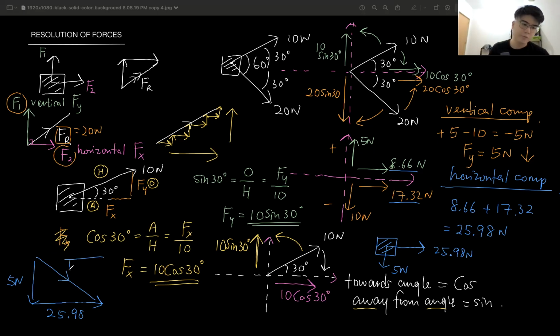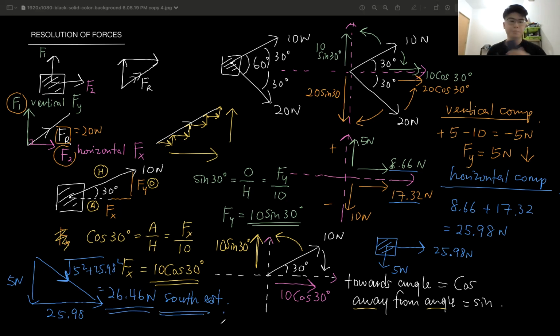So square root of 5 squared plus 25.98 squared is 26.46 Newton. And then maybe you can give direction. What is this direction? This is southeast. So that is your answer.